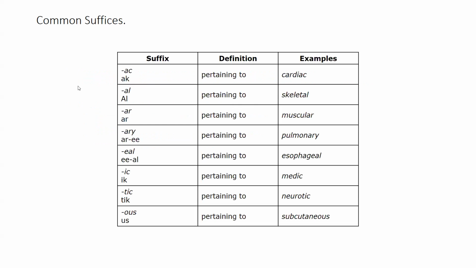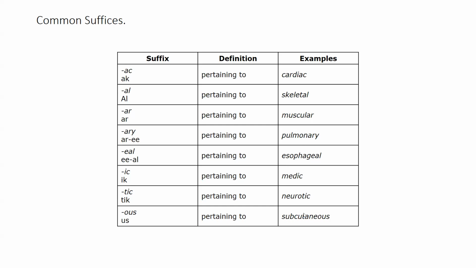So all of these, -ac, -al, -ar, -ary, -eal, -ic, -tic, and -ous, all mean pertaining to. I don't know why we need so many different suffixes to mean pertaining to, but cardiac, pertaining to the heart, skeletal, pertaining to or referring to the skeleton, muscular, referring to muscles, pulmonary, referring to the lung, esophageal, referring to the esophagus, medic, referring to a medical professional, neurotic, referring to the nerves, subcutaneous.